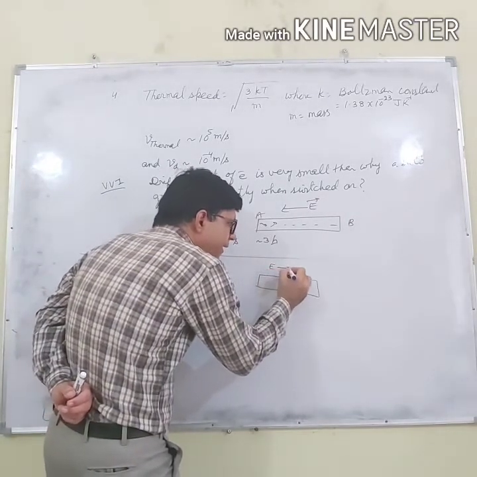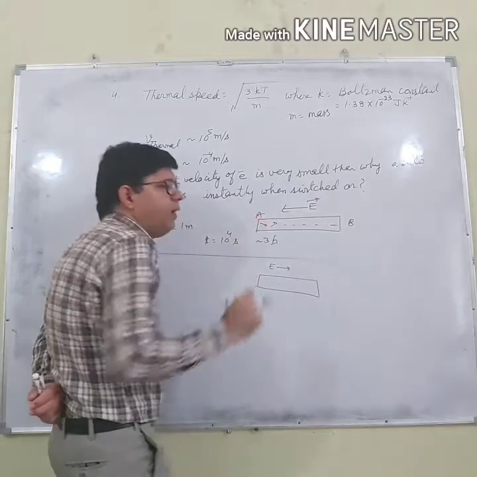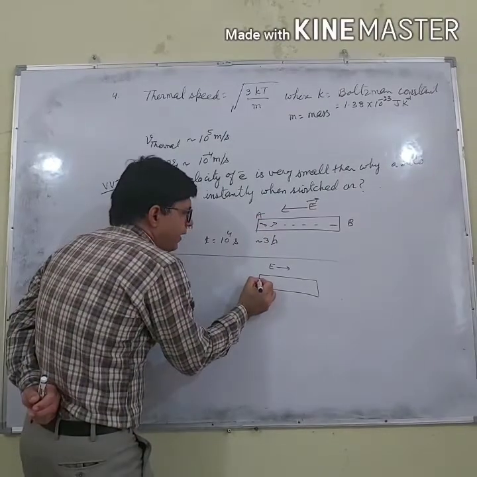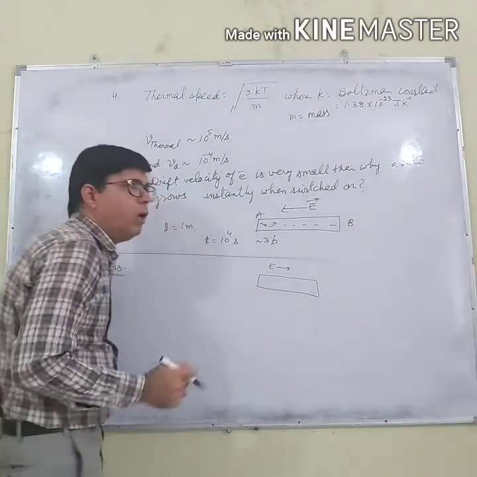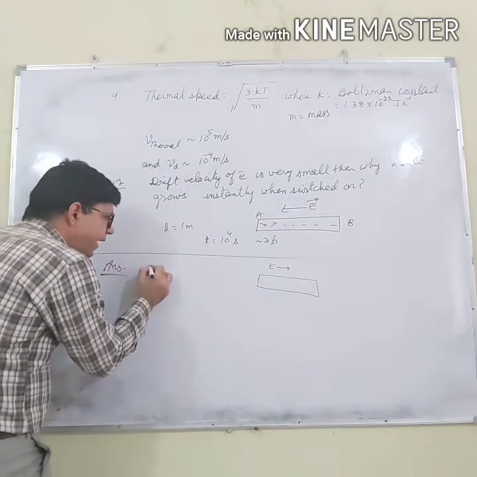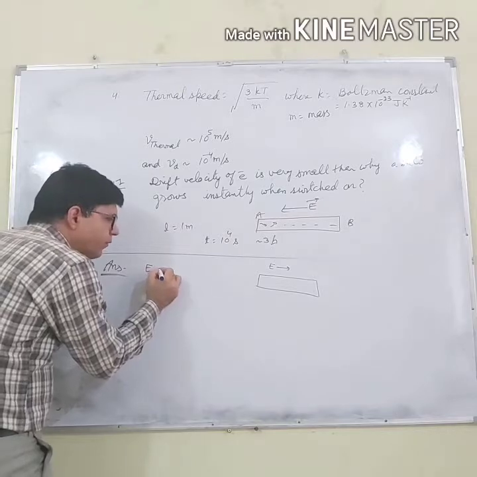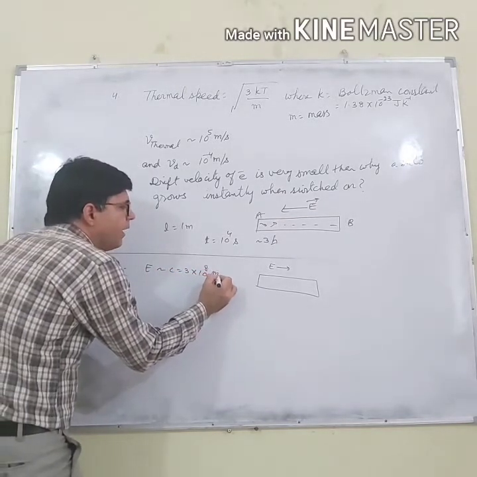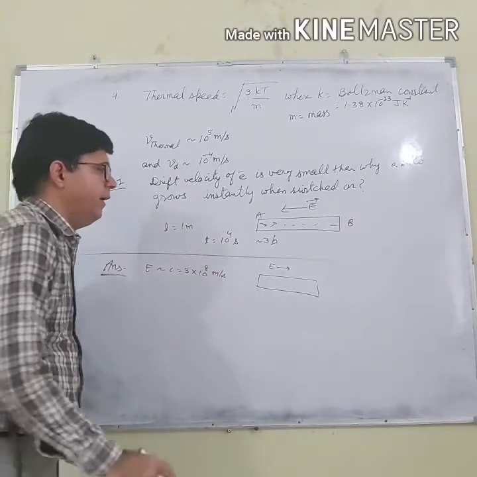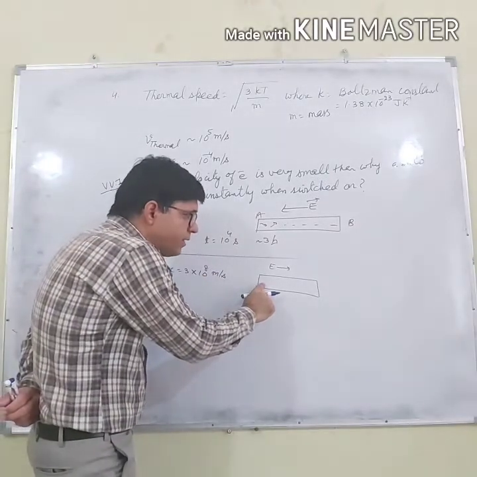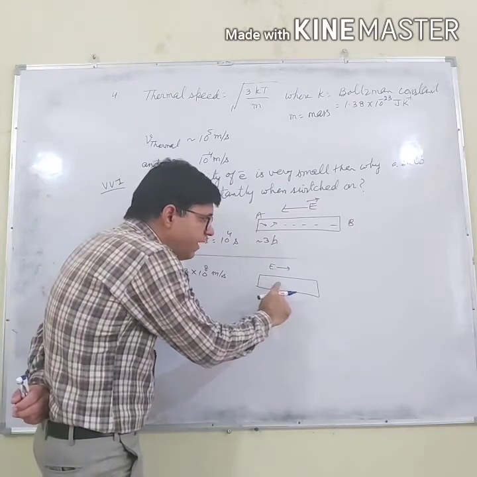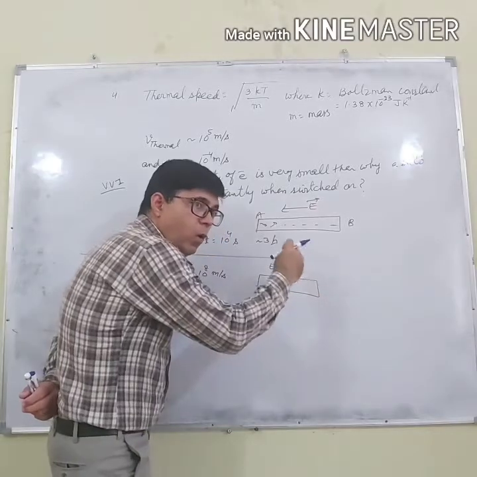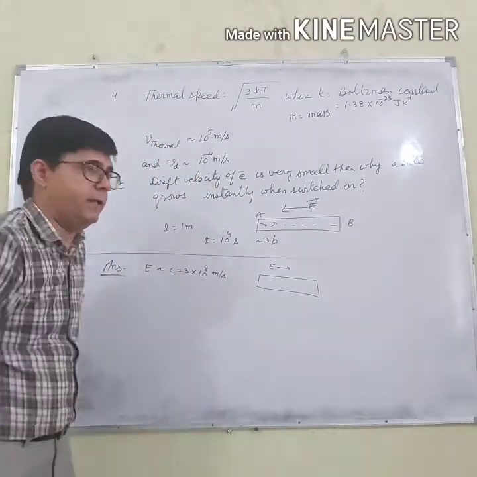Electric field is set up in the whole conductor, and this electric field moves with the speed of light from one end to the other end, and forces the electrons to drift from all parts of the conductor.